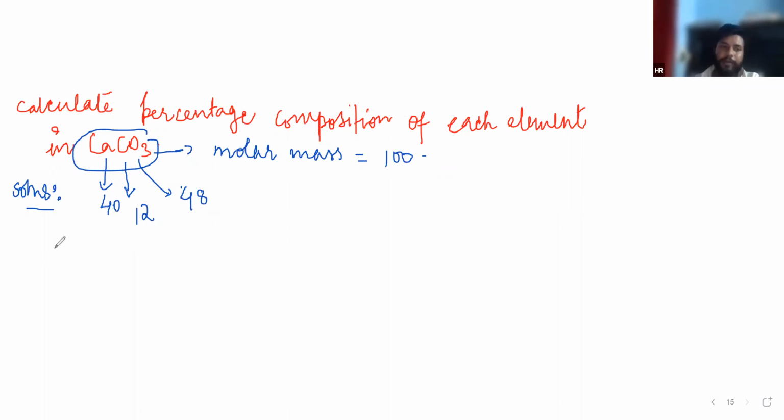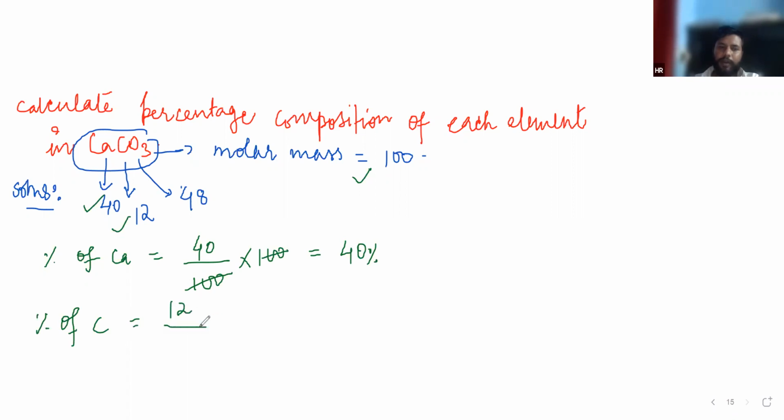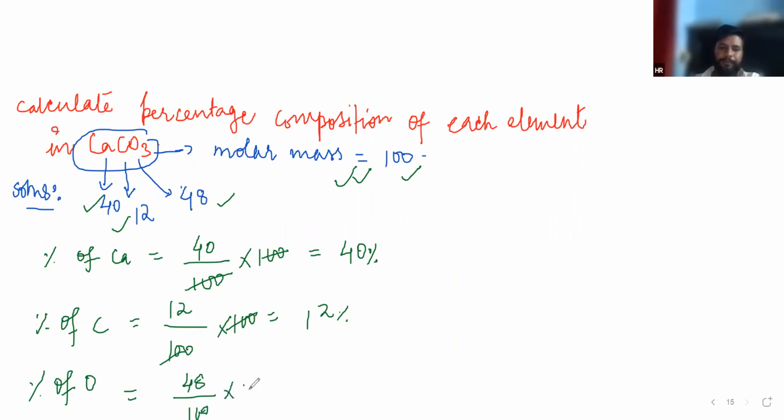Now, percentage composition of calcium is 40 divided by the total mass 100, multiplied by 100, so it is 40%. For carbon, 12 divided by 100 into 100 is 12%. For oxygen, 48 divided by molar mass 100 into 100 is 48%.